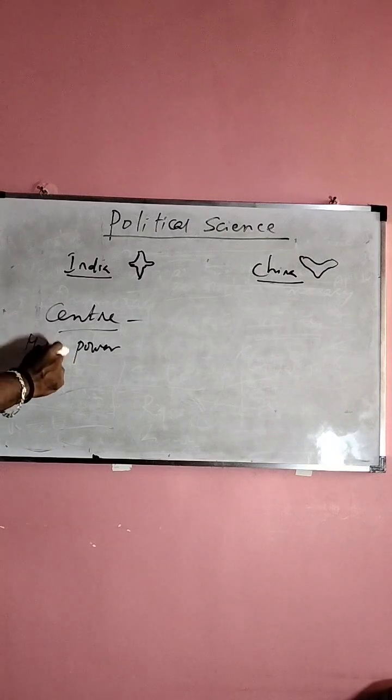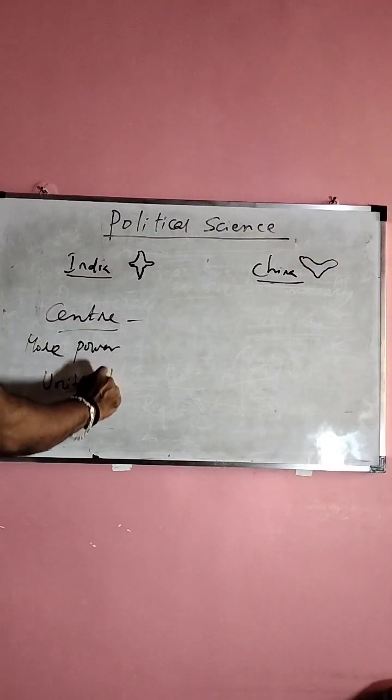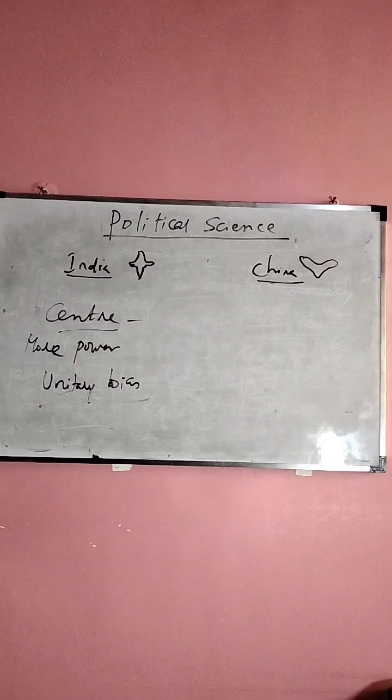So we can say that there is a unitary bias in Indian federalism. Am I correct? Because you are now comparing the process, you are now comparing the values substantially. Now you are able to study reality better. You find out that India has federalism, but here there is bias towards the center. The center enjoys more power.